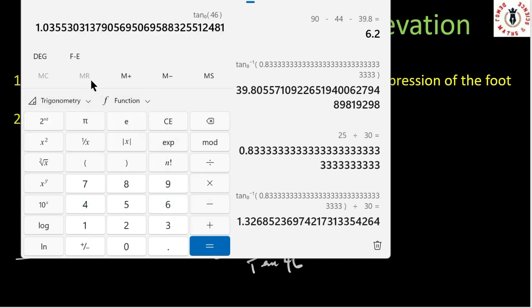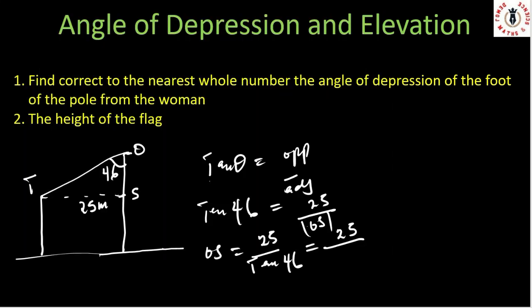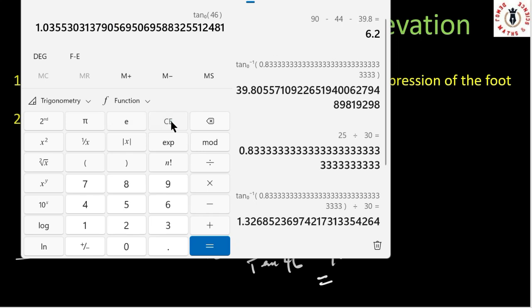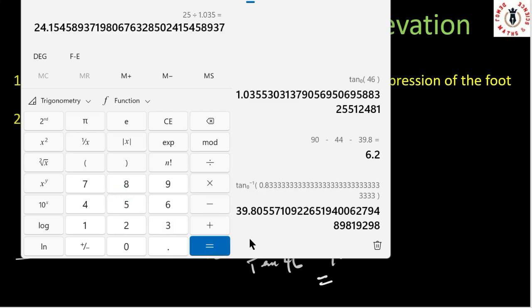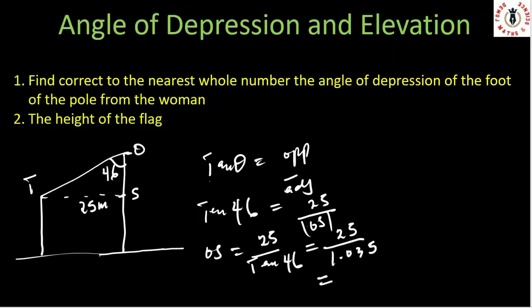The tan of 46 is given as 1.035. That will be the same thing as 25 divided by 1.035, which is 24.15. Now that is the top of the flag to the top of the building, OS is given as 24.15.